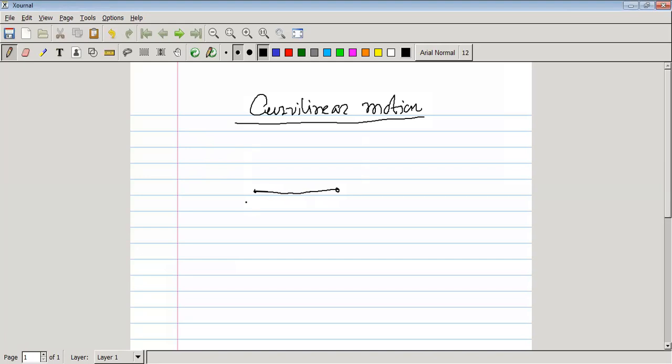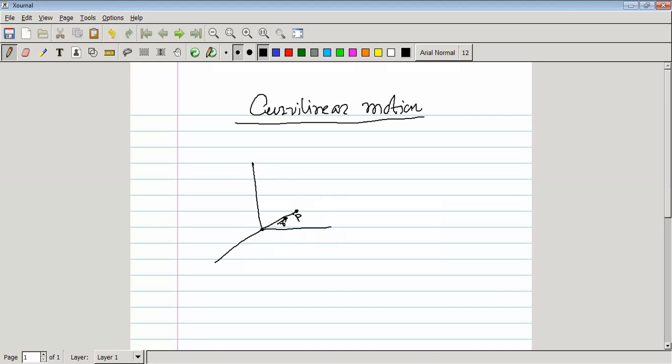Now for the curvilinear motion, if we consider a coordinate system, and in that coordinate we consider one position vector of any particle, suppose that particle is denoted as p, and that is at an r vector.